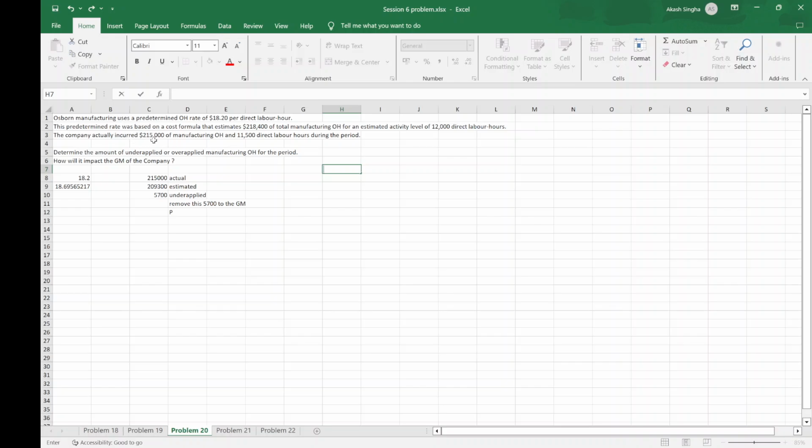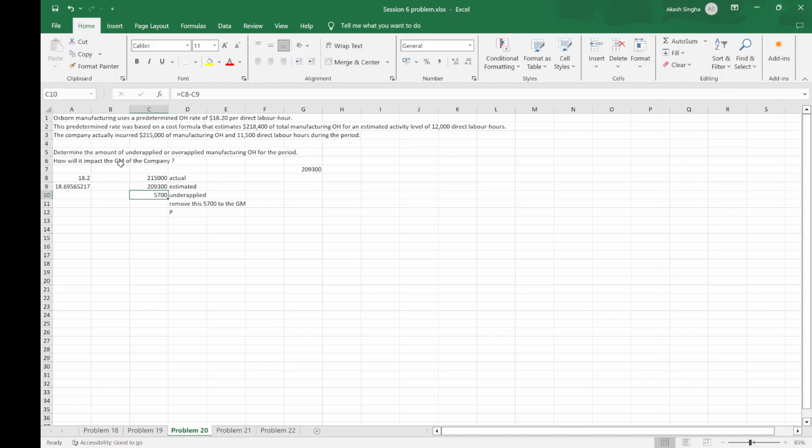Now the company's actual is 215,000, and the estimation was at a rate of 18.2 on direct labor hours, which is 11,500. So this is our estimation, and this was our actual. So our estimation was less. So we undervalued. So this 5,700 is the answer.